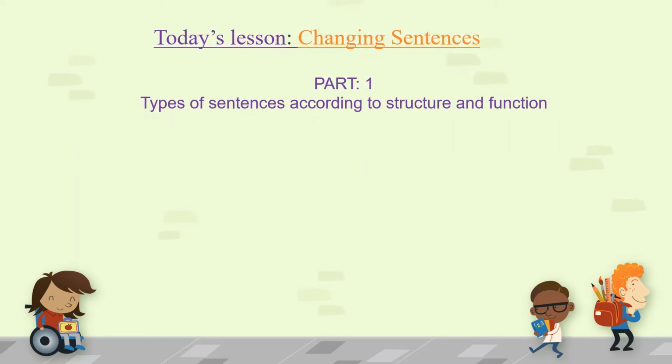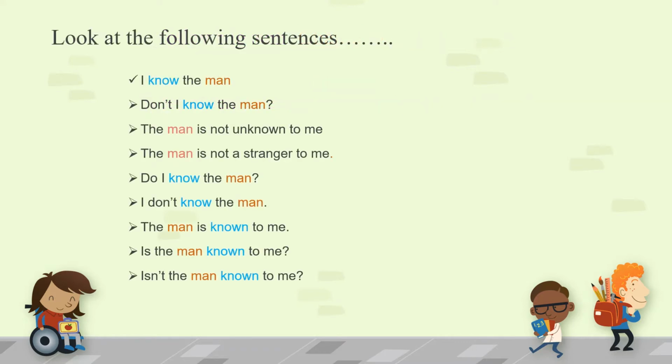Our today's lesson is on changing sentences. Part 1, types of sentences according to structure and function. Look at the following sentences. I know the man. This very sentence, I know the man, is rewritten in different ways.